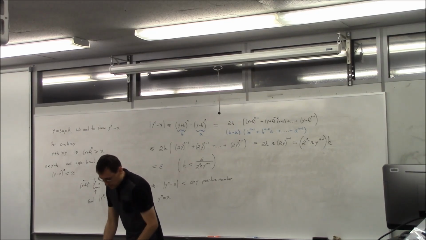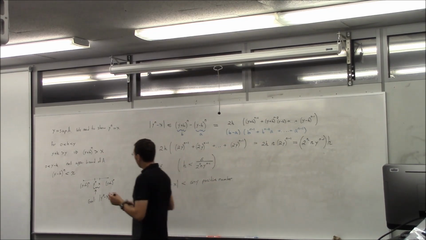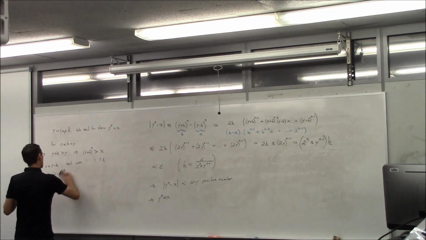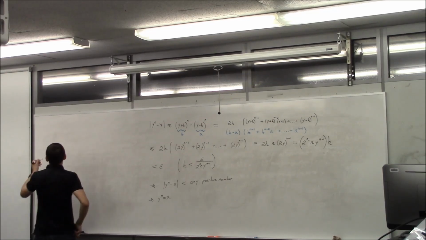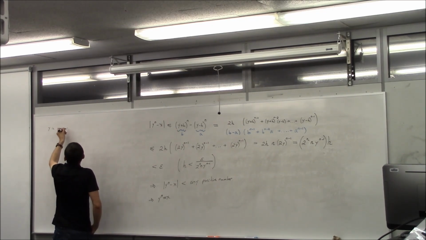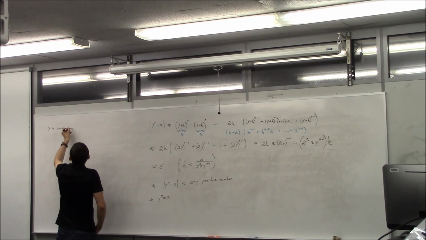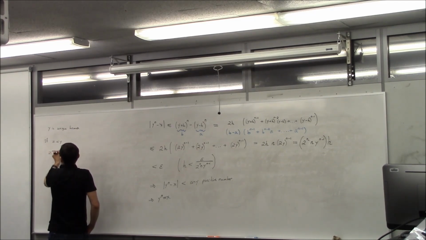So let's look at some corollaries. I should, by the way, remark, it's obvious that y is unique, because if z is less than y, then z to the n is going to be less than y to the n, which is equal to x.